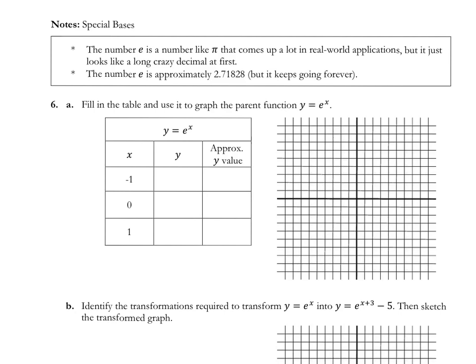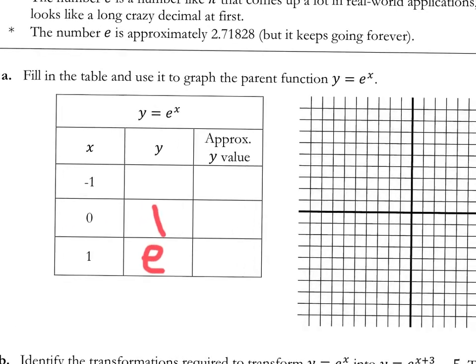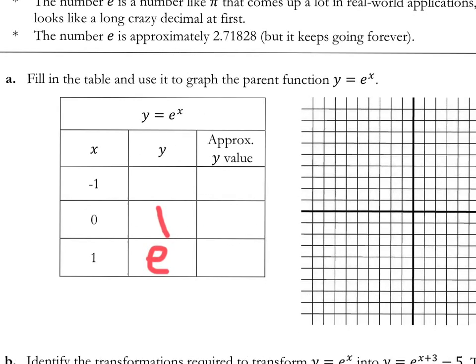So the first thing we're going to do is try and graph the parent function, y equals e to the x, and think about what that looks like. So let's get a couple points on the parent function. When we plug in x equals 0, we just get out 1. That one's easy. When we plug in 1, we get out e. Now that's going to be hard to think about how that's going to look on the graph.